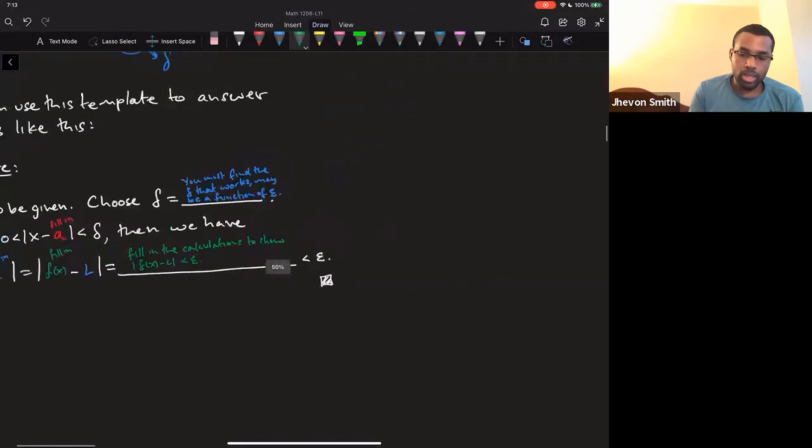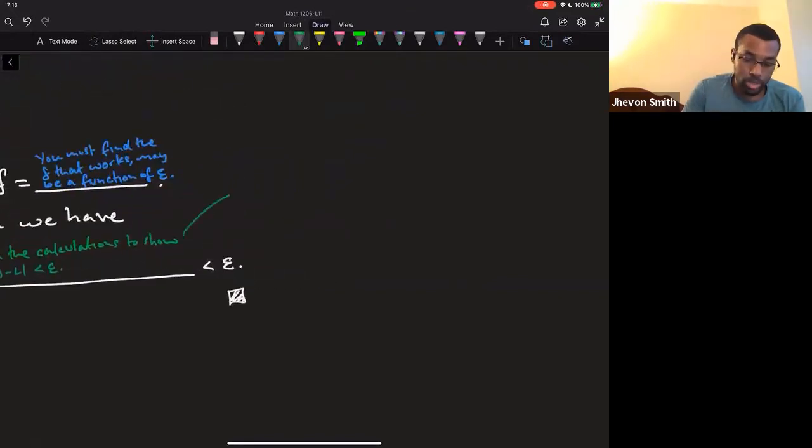And how you fill in those calculations is that you force it to happen. So you go to the side and solve for exactly what you want, f of x minus L less than epsilon.